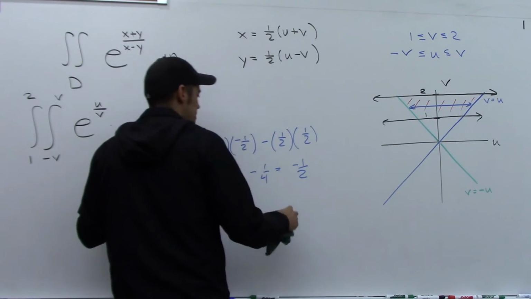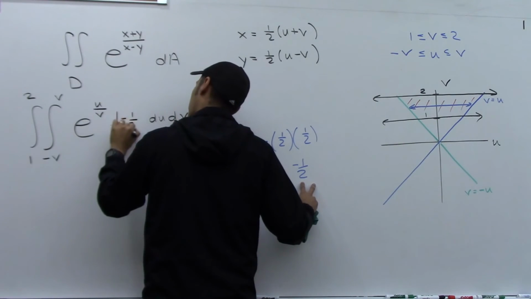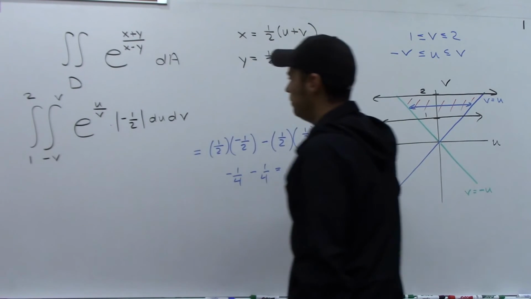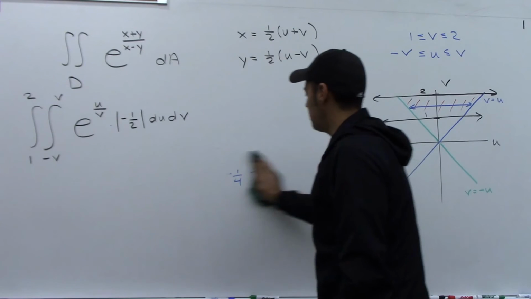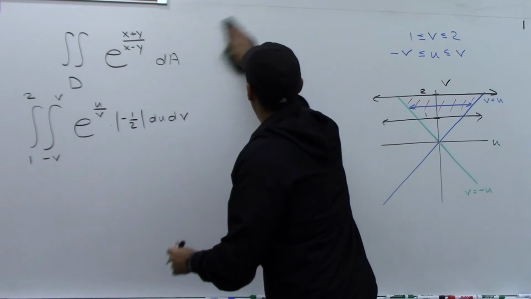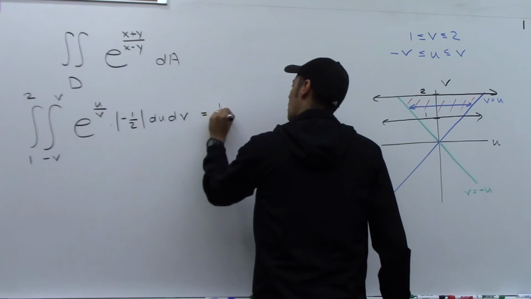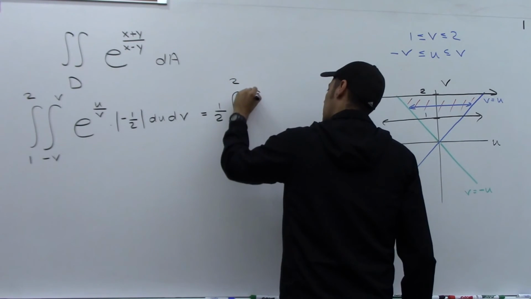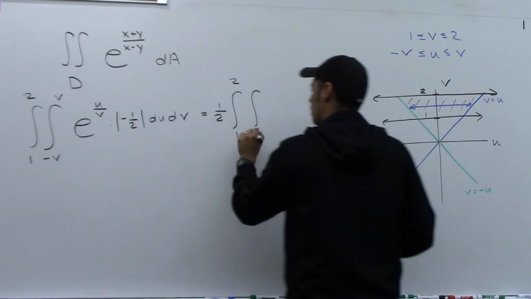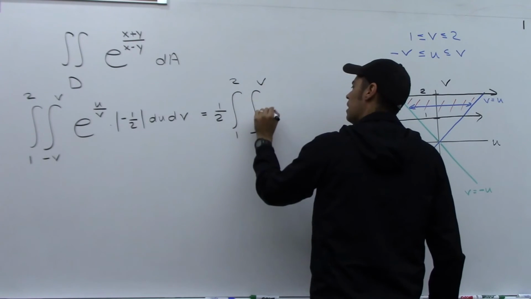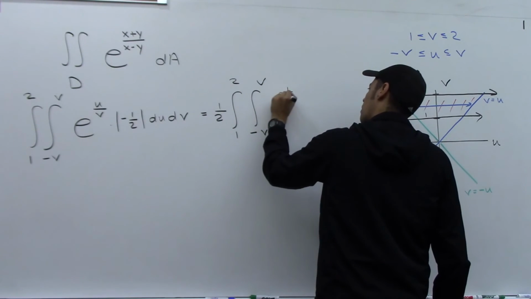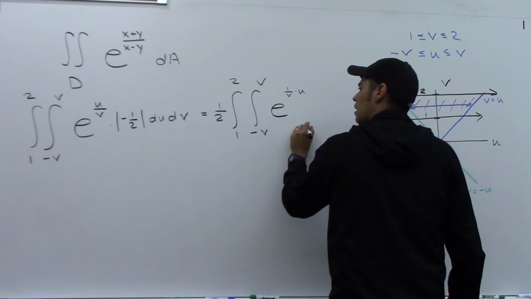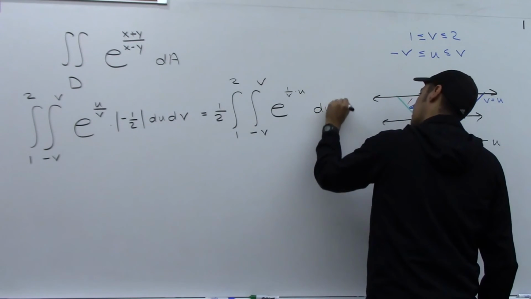And then I need the absolute value of my Jacobian. Negative 1/2, absolute value, is positive 1/2, and that can come out. So 1/2 integral 1 to 2, integral negative v to v, of e to the, I'm going to write that as 1 over v times u, and then du dv.